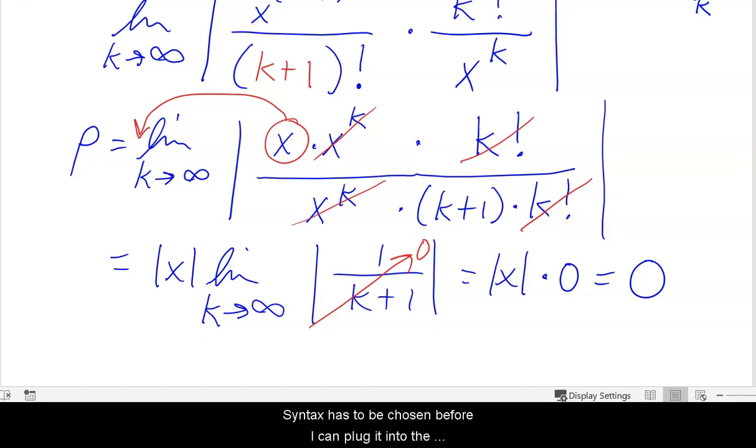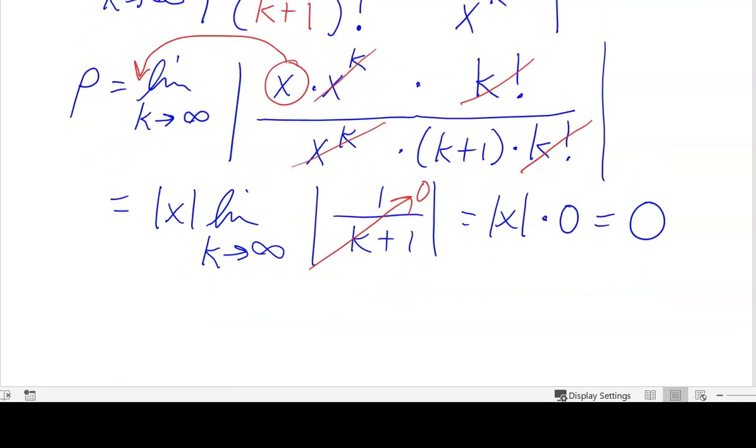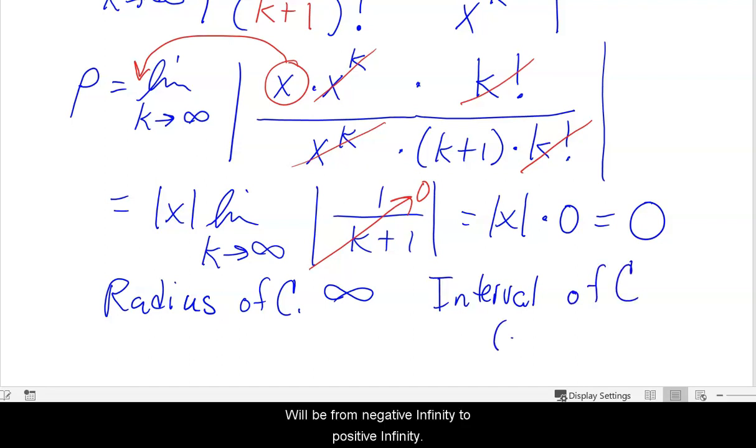Since x has to be chosen before I can plug it into the power series, x is always a finite constant. This again means that the radius and interval of convergence are everything. The radius of convergence is infinity, and the interval of convergence will be from negative infinity to positive infinity.